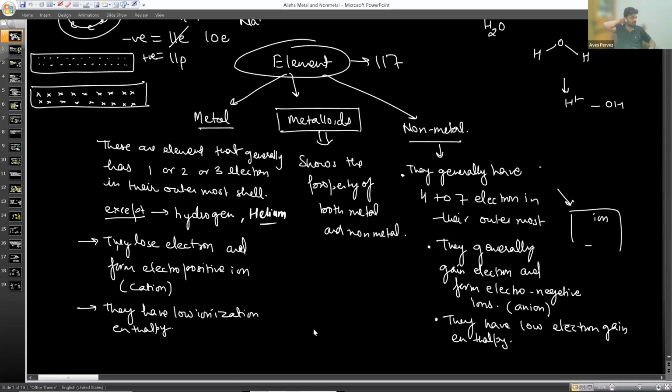What are metals? Can anybody in the class tell me what metals are? Metals are substances that conduct heat and electricity. Okay, then they have the tendency to donate electrons.